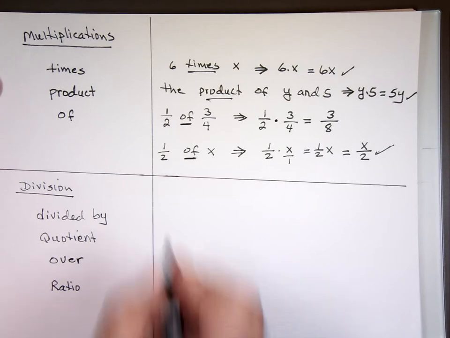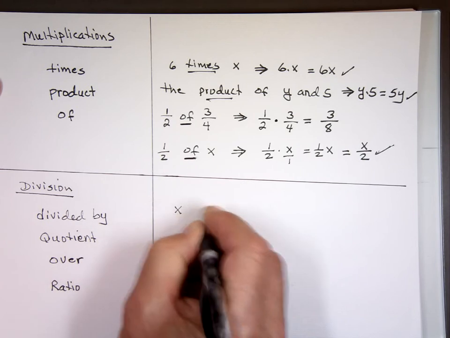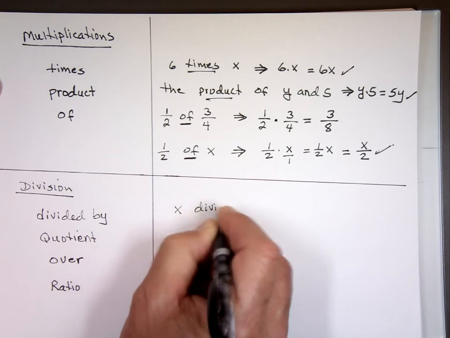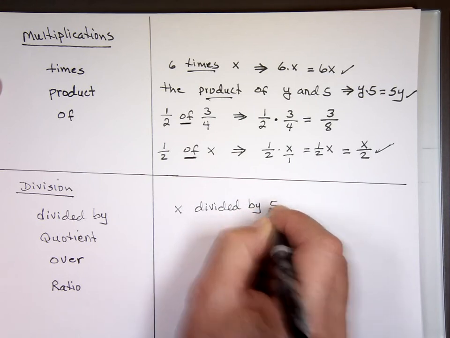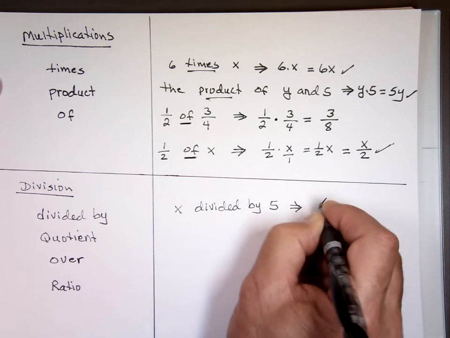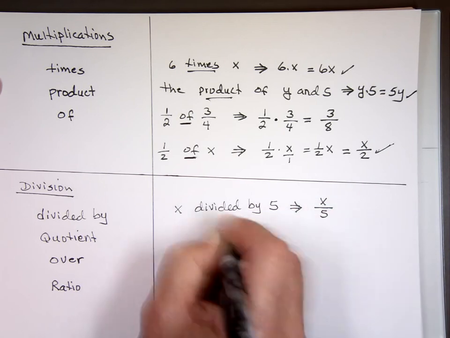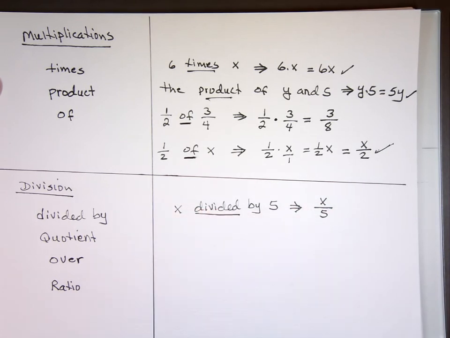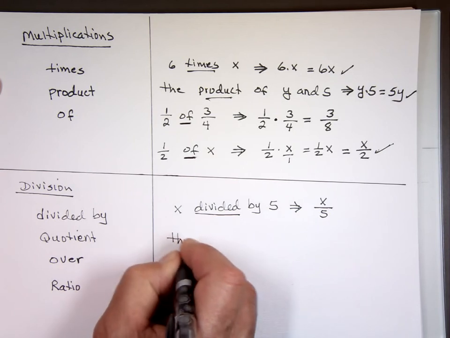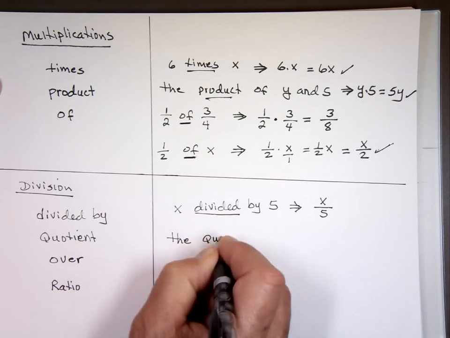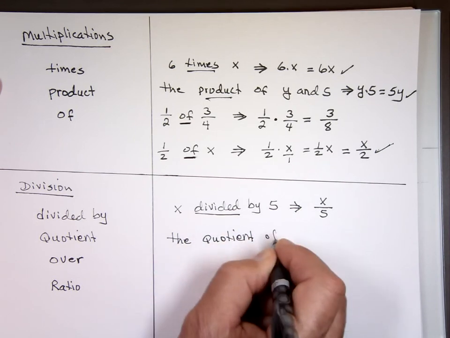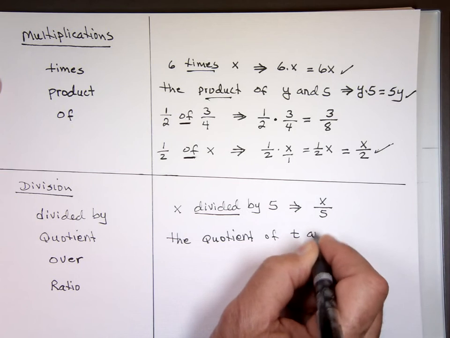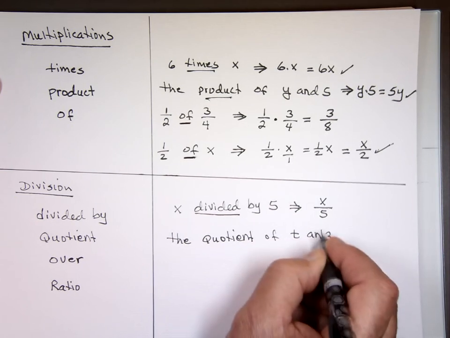When I say x divided by 5, you can write that as x over 5. The quotient of t and 3.